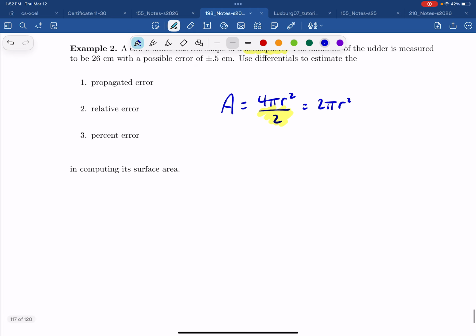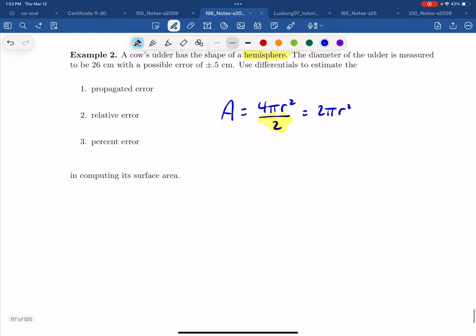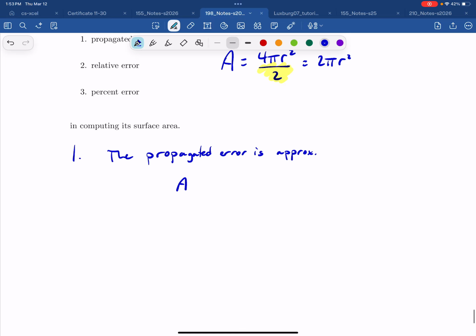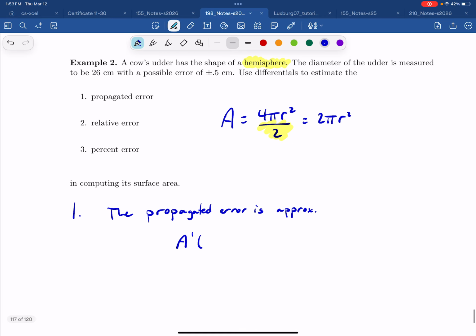Okay? So all we can say is that, so I'll say 1, the propagated error is approximately a prime of, now let's be a little careful here.